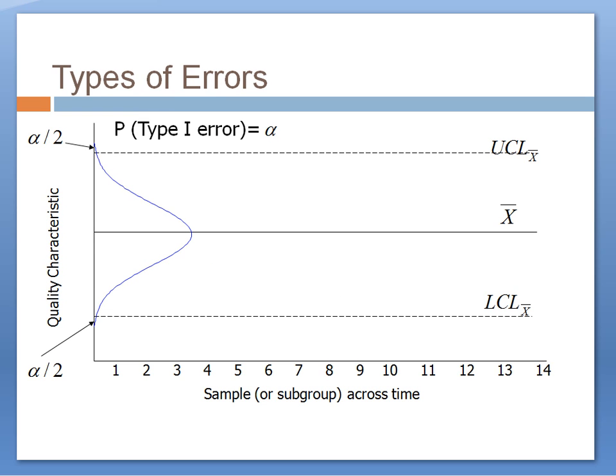If you graph the error, you have your normal distribution curve, okay? You have your upper control limit, your lower control limit, and your average. Remember, the average is always located in the center. Whatever is above the upper control limit or below the lower control limit is your alpha, which is the type 1 error.